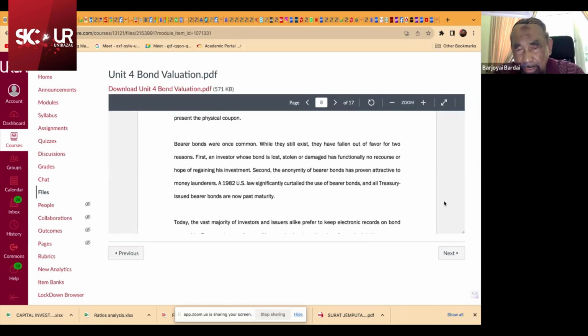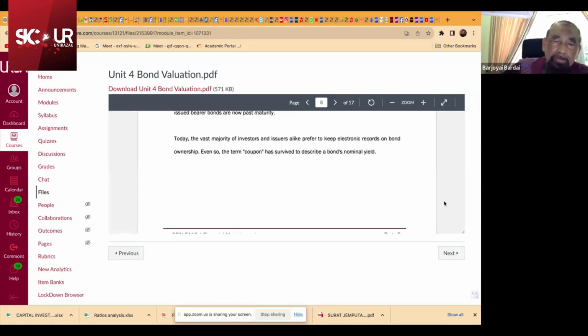Second, the anonymity of the bearer has proven attractive to many launderers. In 1992, for example, U.S. law significantly curtailed the use of the bearer bond, and all Treasury-issued bearer bonds are now past maturity.